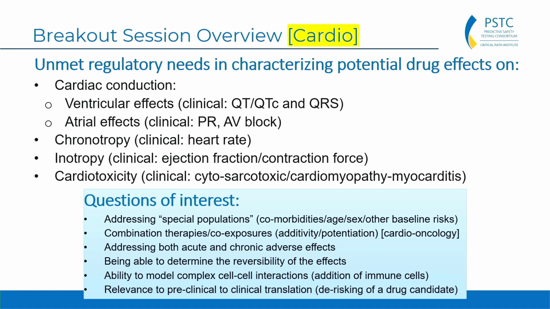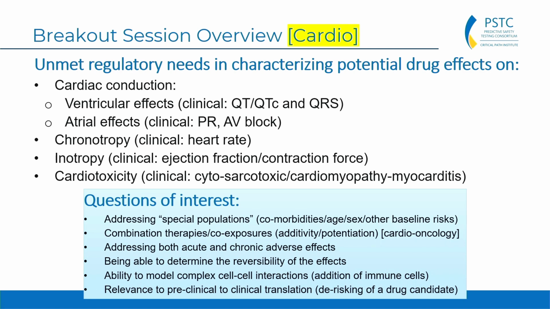So we had a lively conversation about how best to design a context of use statement. We really identified a lot of areas of unmet need within the cardiovascular space to help guide that discussion. There's robust information in the cardiac conduction space about using microphysiologic models to model risk.